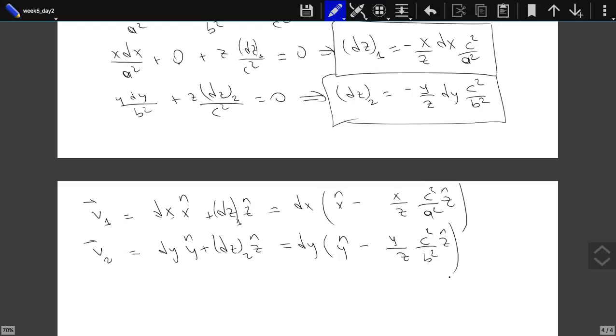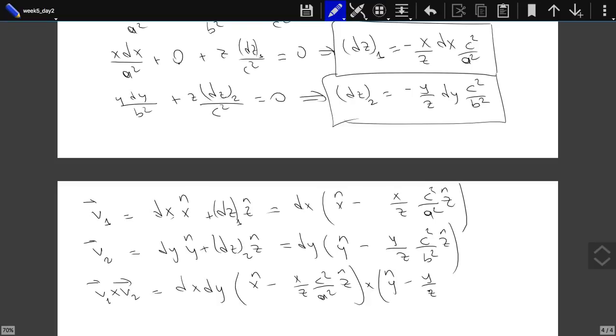Now I can calculate their vector product. This is equal to dx dy times x hat minus x over z, c squared over a squared z hat, cross product with y hat minus y over z, c squared over b squared, again z hat.